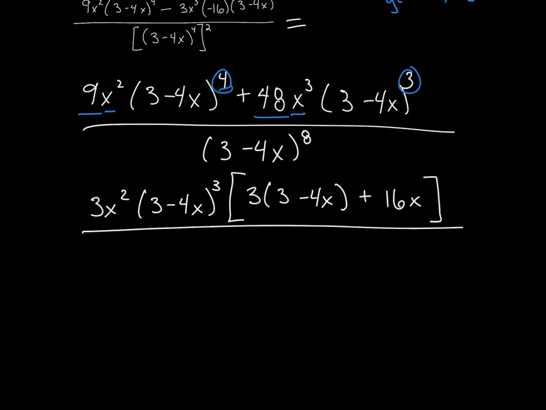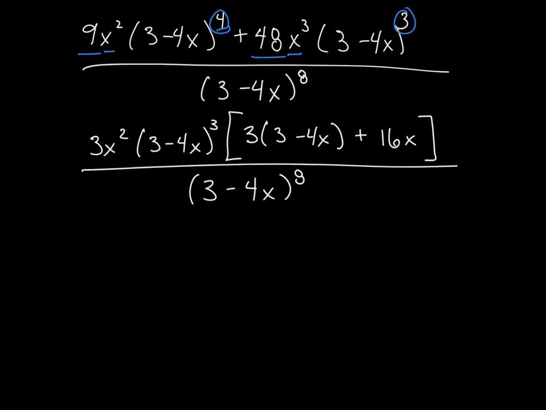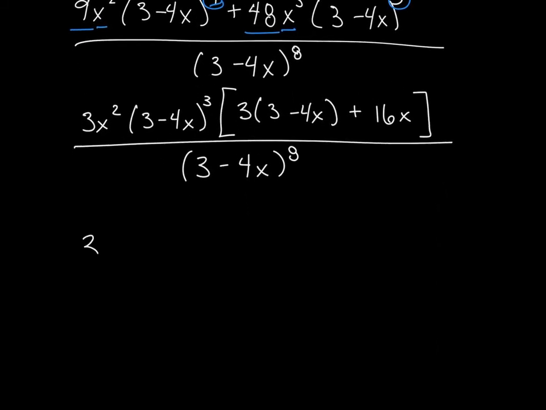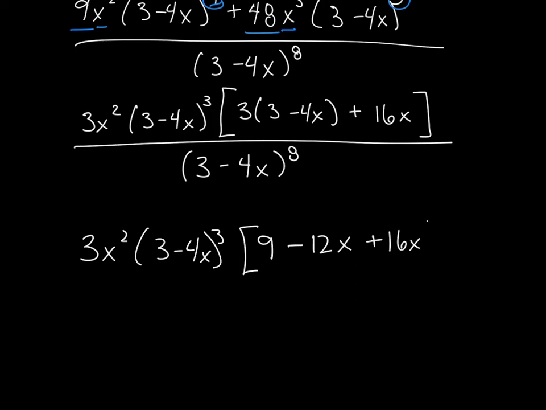All over my denominator. I simplify what I have on the inside, and that leaves me with 9 minus 12x plus 16x.